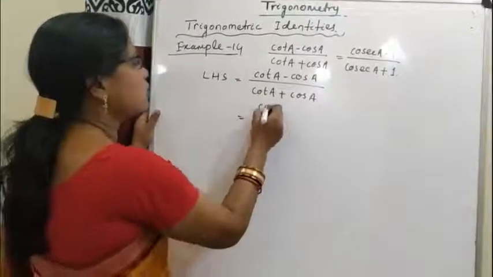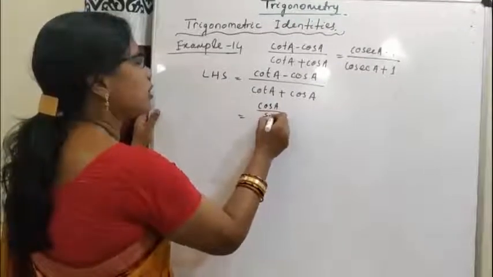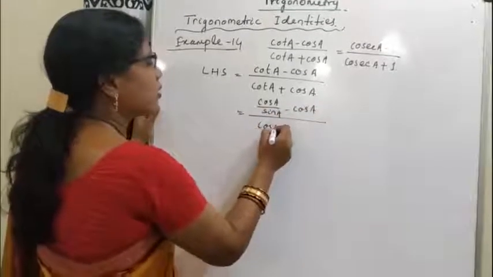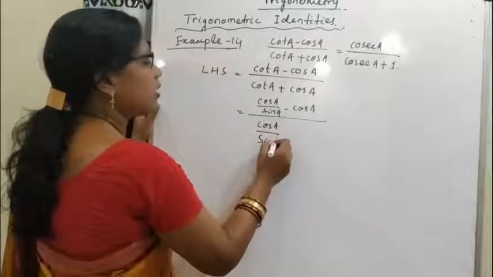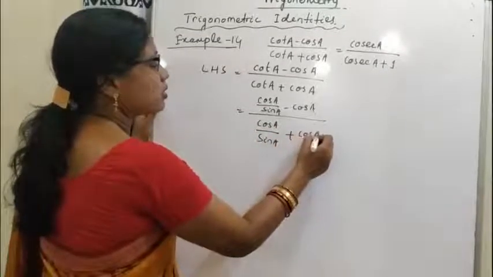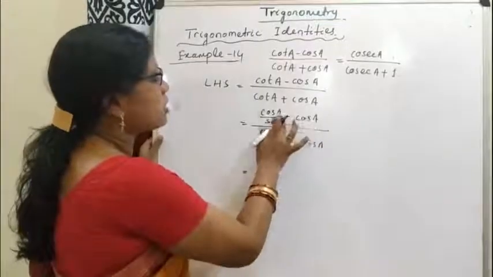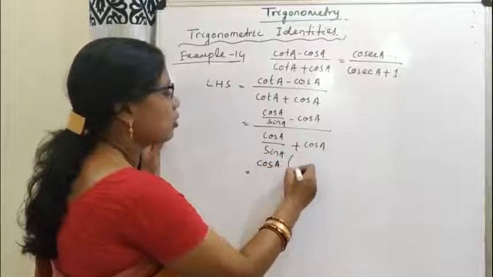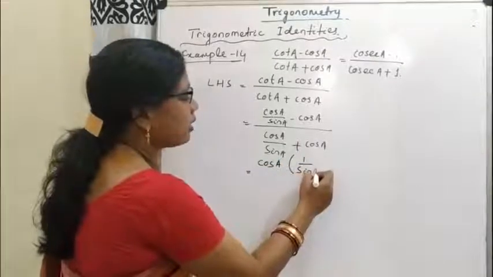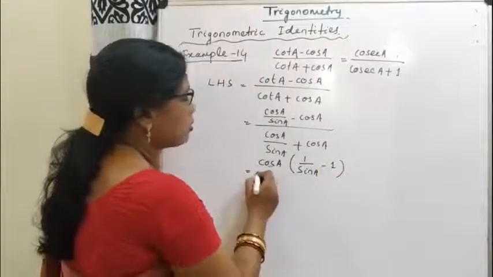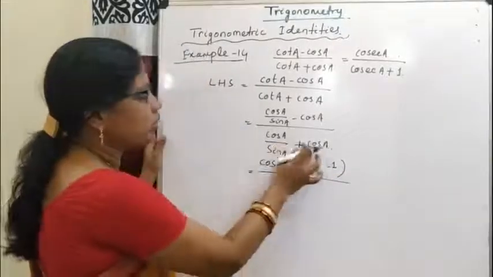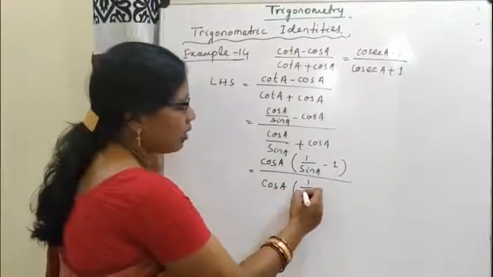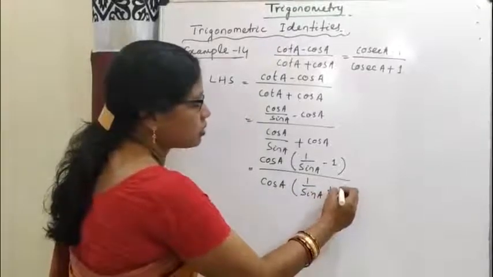So this is equal to cos A by sin A minus cos A, divided by cos A by sin A plus cos A. Here in the numerator cos A is common in both the terms, so cos A whole into (1 by sin A minus 1), divided by, in the denominator also cos A is common, so cos A whole into (1 by sin A plus 1).